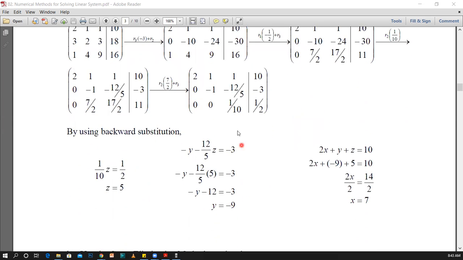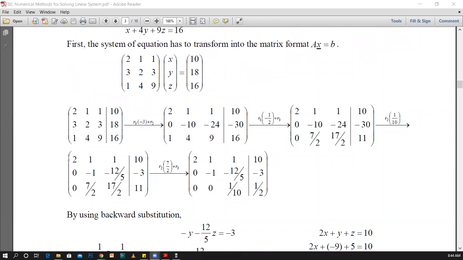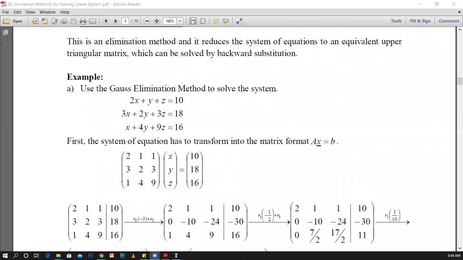When you are converting the equations into the matrix format, you can see that the first column contains the coefficients of the x variable. The second column contains the values for the y variable, it is 1, 2 and 4.